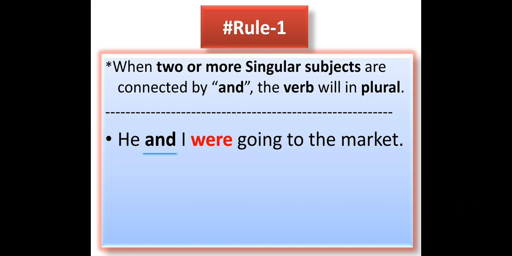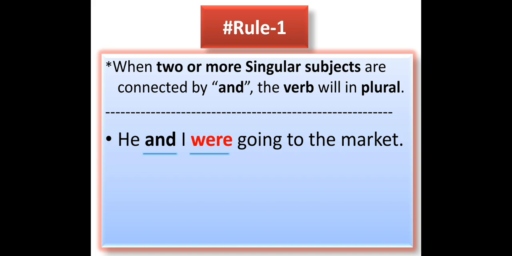Here, he and I are two singular subjects connected by and, and the verb, which I have highlighted in red color, is plural. This verb is plural: were. Why? Because he and I, which are two singular subjects, are connected with and, A-N-D. He and I were.